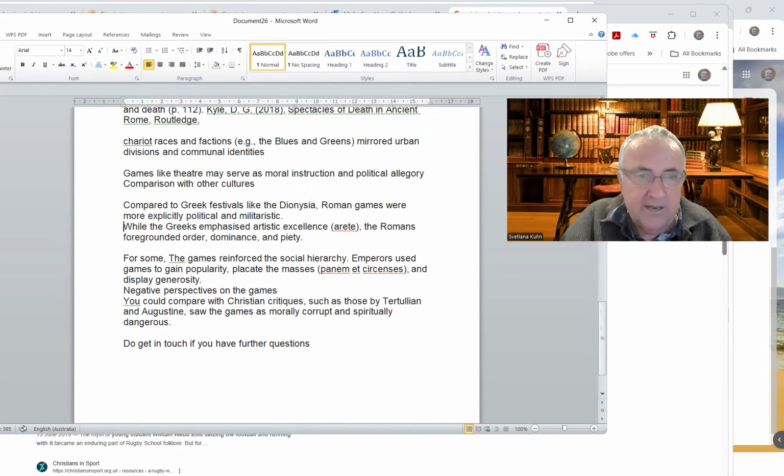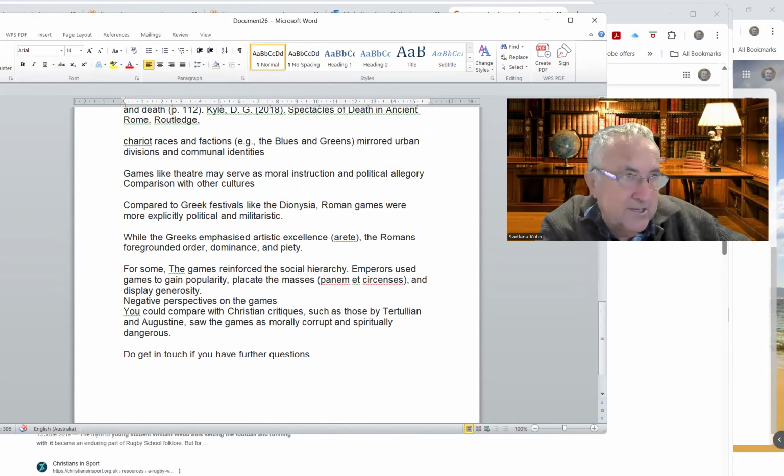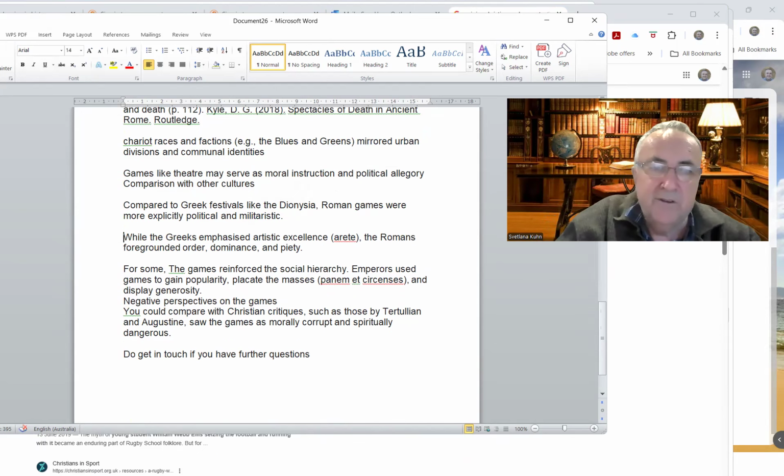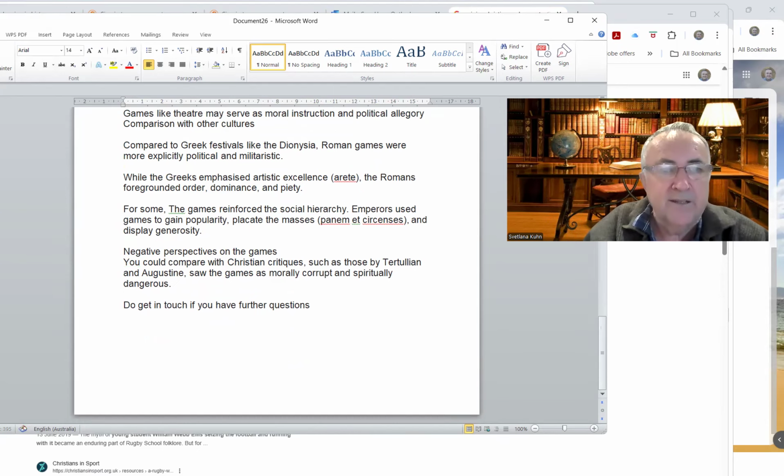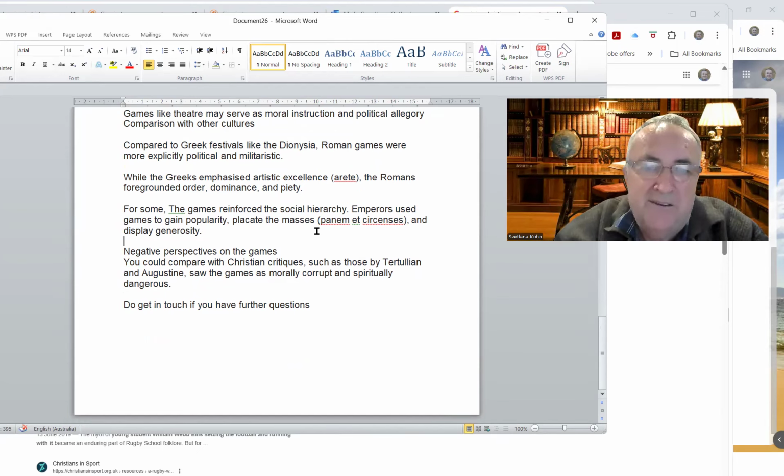It's interesting, Henry VIII at one stage was going to ban soccer in England because he felt everyone should be doing archery and other sports that would prepare people to fight against the French and defend the nation. So different views of games are fascinating. For some, games reinforce social hierarchy, and only those in the upper hierarchy are able to play certain games.